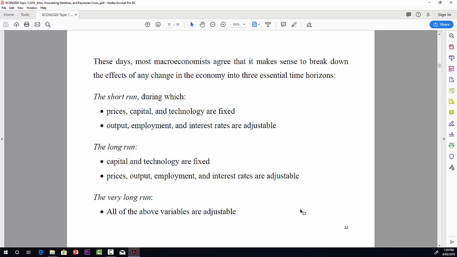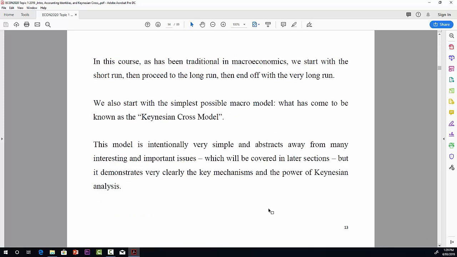Then there's the very long run, where essentially everything can change. In particular, capital and technology are allowed to change in the very long run. So in this course, as is standard in most macro courses, we'll start with the short run, and then we'll proceed on to the long run, and then we'll end off with the very long run.